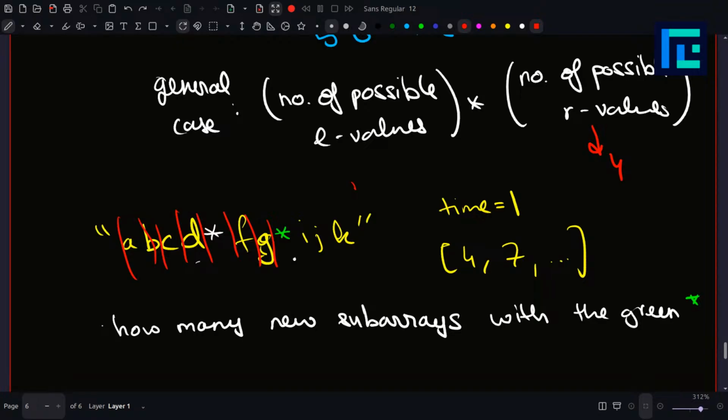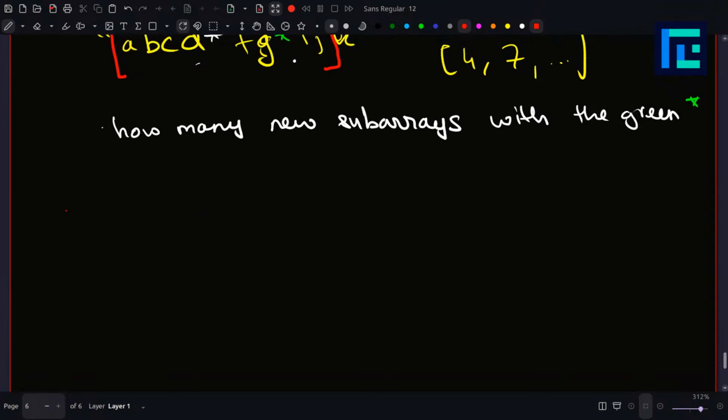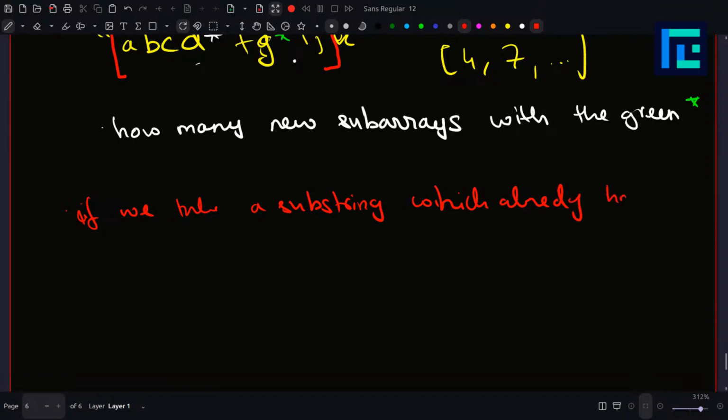But there is one issue. For example, if we take a substring like this from the start till this point, then it already had a star before, right? So it was already counted. So if we take a substring which already had an older star, then it was already counted.